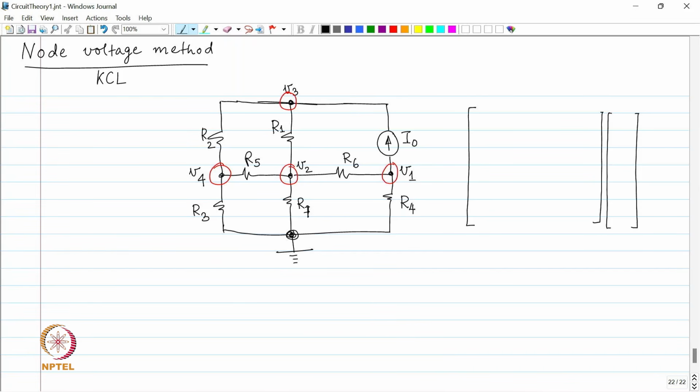Eventually, when somebody asks you to solve a circuit, what are they asking for? They are asking for all the branch voltages and all the branch currents, but we do not want to do all of that. We are going to take a shortcut. We are only going to compute V 1, V 2, V 3, V 4, because if I know the 4 voltages V 1, V 2, V 3, V 4, I can work out all the branch currents. So, I do not want to think of the branch currents at all.